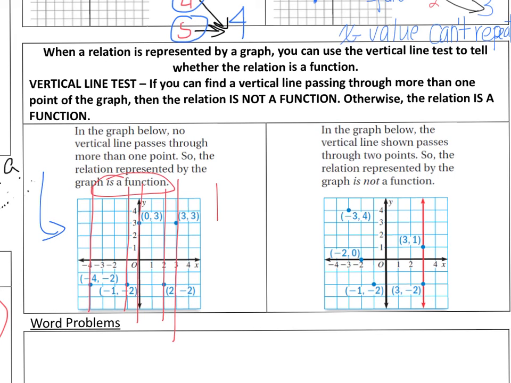But if you draw a vertical line through every point and you notice that 2 points go through the same x value of 3 here, then it is not a function. And that is it for this lesson.